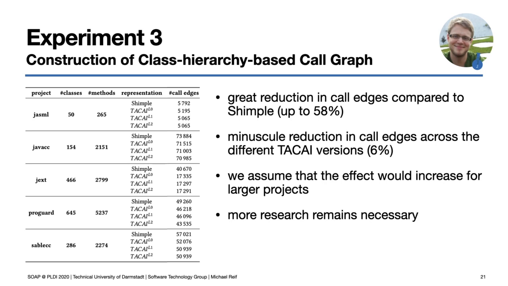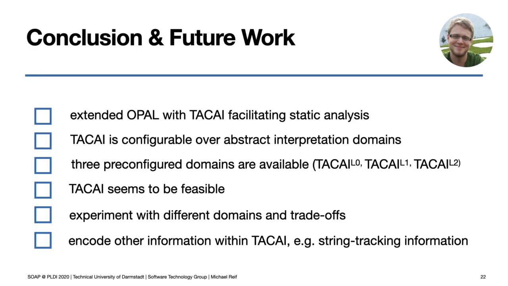The biggest difference is for JAX, which is almost 60%. But between the different versions of TACAI itself, from level 0 to 2, we have a really minuscule reduction in call edges.